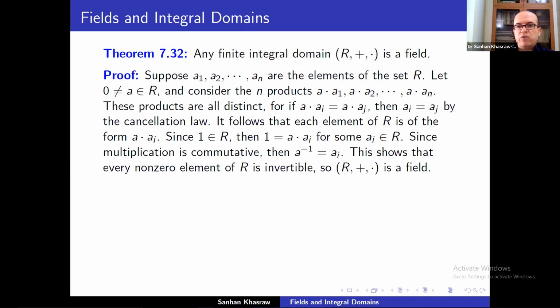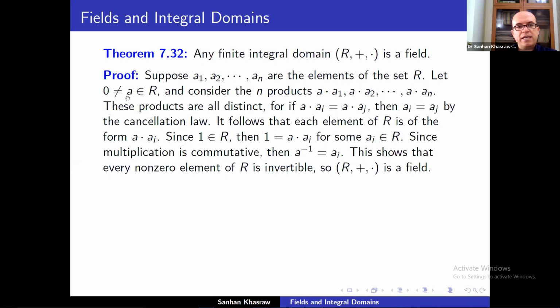Suppose the elements of R are A1, A2 to AN. As I said, we have a finite set, so R has a finite number of elements. I call them A1, A2 to AN. Since we have an integral domain, it's commutative with identity. What I need to show is that every non-zero element has a multiplicative inverse.